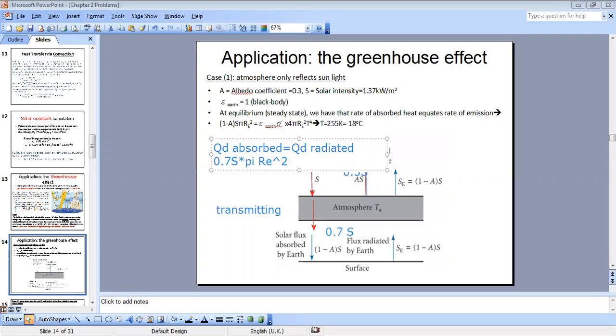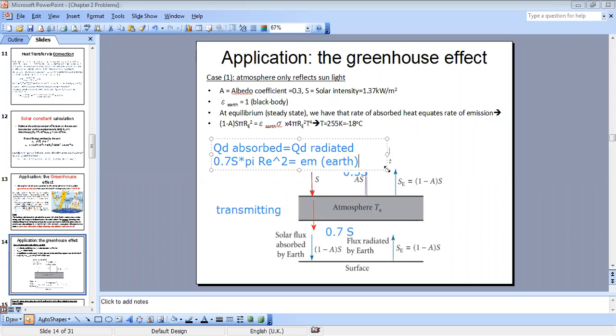Now, this equals, as we said, we have steady state conditions. So what is absorbed will be radiated back. Now, what is the radiation flux? It's equal to the emissivity of the Earth. Because they said to assume that the Earth is a black body, the emissivity is equal to 1. So I replace epsilon by 1.